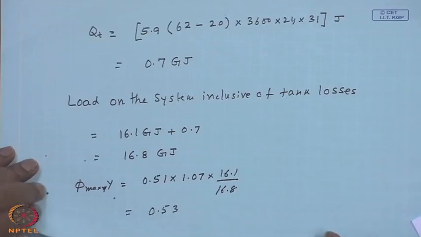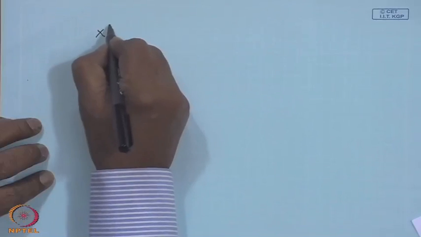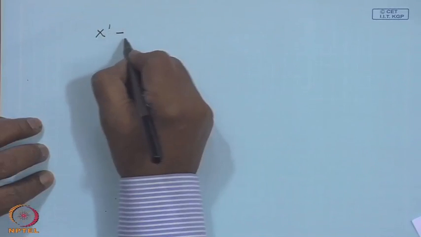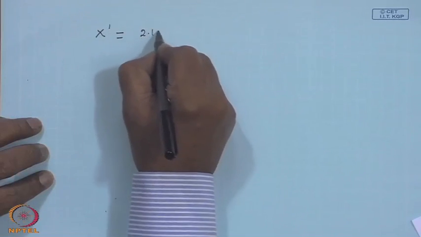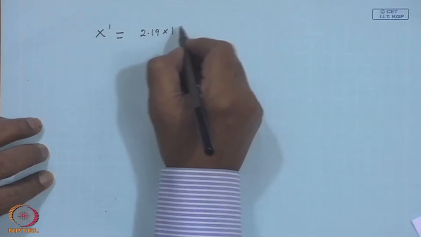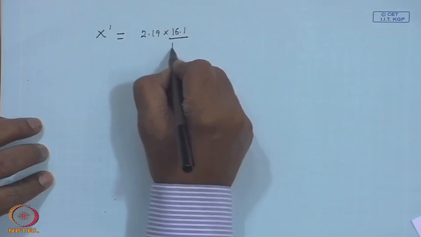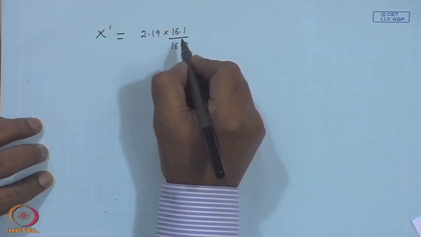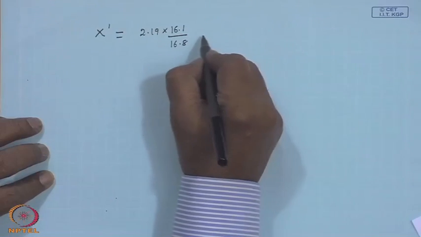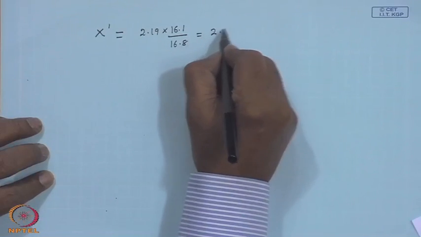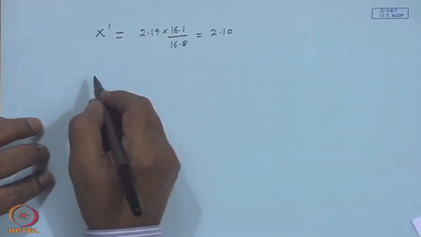Okay. Similarly, x dashed should be enhanced, equal to 2.19 into 16.1 by 16.8. This is equal to 2.10.